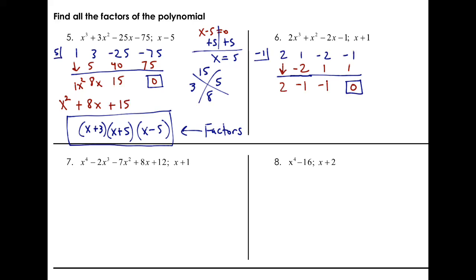So x plus 1 is a factor. Let's get to factoring the rest here. So x to the 0, x to the first power, x to the second power. So we have 2x squared minus x minus 1. Now let's go ahead and factor.